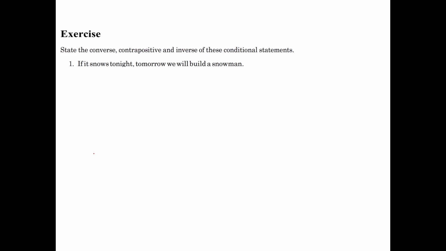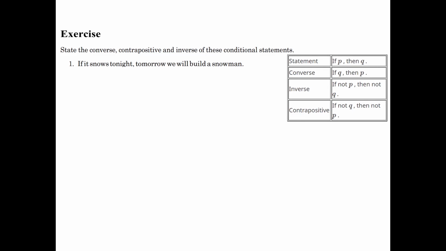You need to come up with variables that break down this sentence. So I'm going to put this on the side so we remember what we're trying to find. Let's assume C is it snows tonight, and R is tomorrow we will build a snowman.